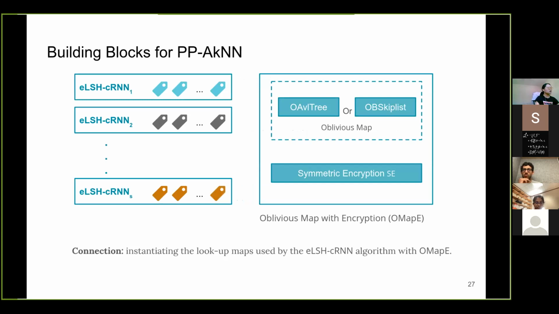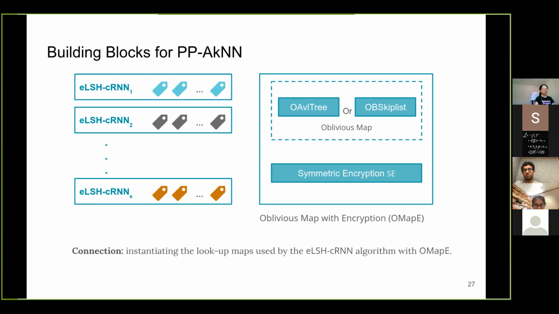The building blocks for our secured version of AKNN are the ELSH CRNN algorithm with a lookup map, and also an oblivious map with encryption. Both the AVL tree and oblivious skip list are known ideas, but their security definitions didn't address the privacy part.